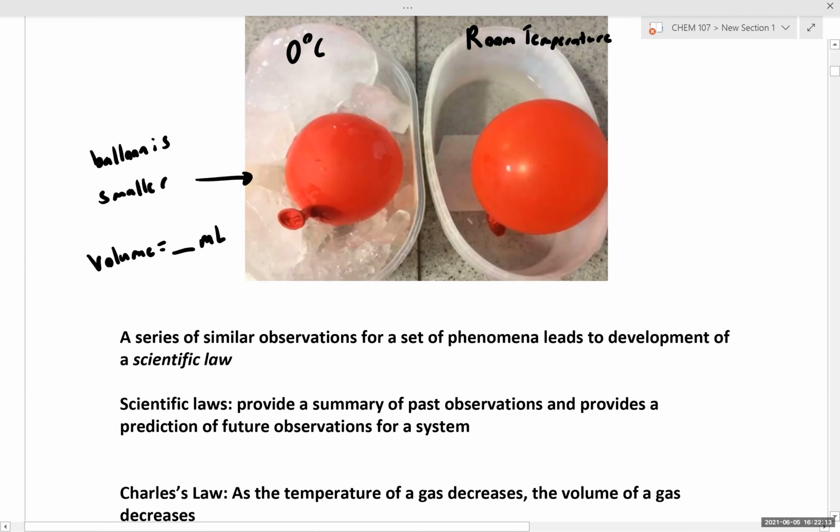So as we begin to collect observations for a given set of phenomena, we can begin to develop what's known as a scientific law. Now, scientific laws provide a summary of past observations and provide a prediction of future observations for a system. So scientific laws summarize the observations collected and have predictive power for future observations.